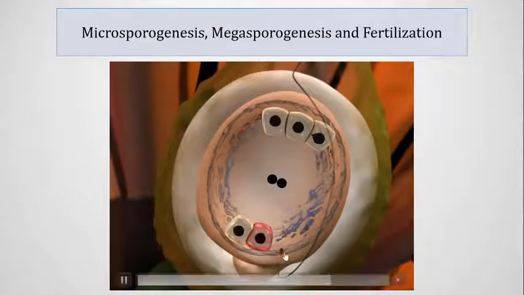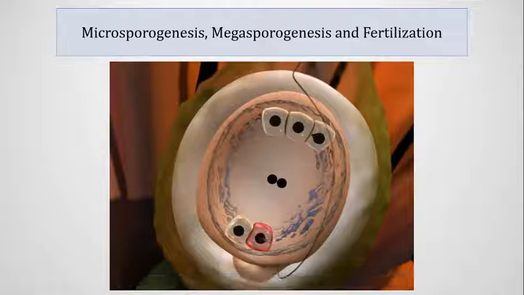So one male gamete will fertilize the egg or ovum, and another male gamete will fertilize the secondary nucleus. So here we see that the fertilization process has been done 2 times.